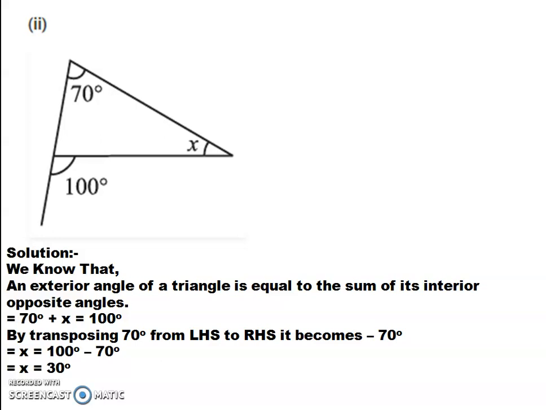In the first type of problem, the exterior angle was unknown. Then what operation did you do? Addition. When the exterior angle was given, the operation which you did was subtraction. So, go through all the 4 questions, copy down in your notebook.